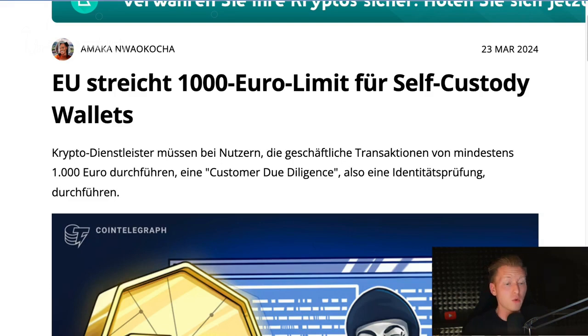And therefore, who knows, maybe the EU will come up with the idea to pull out one or the other wallet and say, okay, friends, all right, this is suspected of tax evasion, as an example. And then it could really look like certain stablecoins are simply frozen, regardless of whether it's on the hardware wallet or the unhosted wallet.